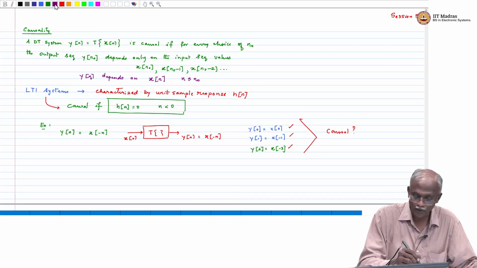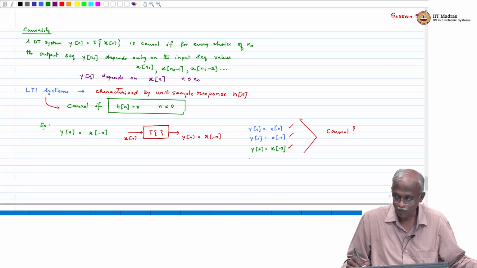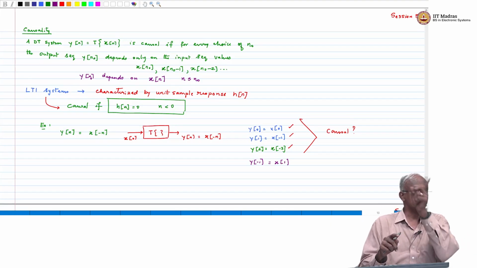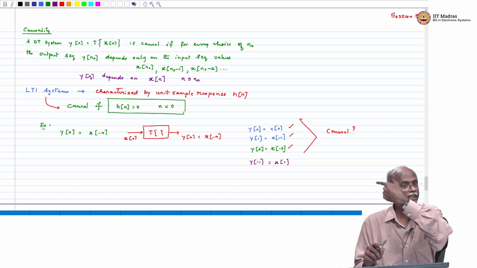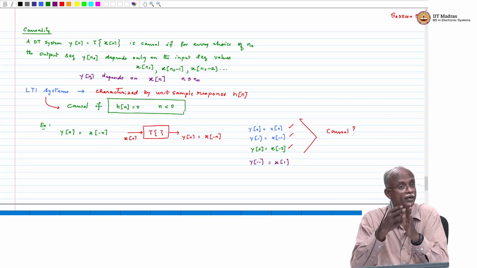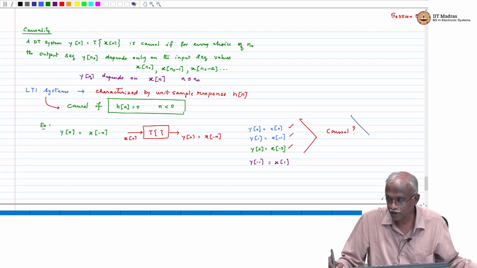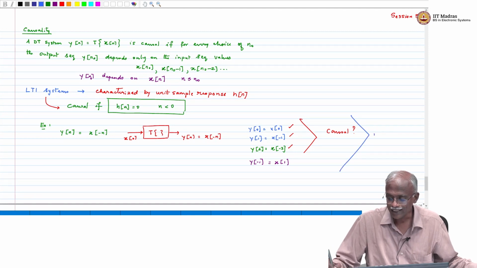No, you need to also check negative values, right? What is y of minus 1? It comes out to be x of 1. So, at time minus 1, the output depends on the input which is in the future relative to that time. So, once you take this into account, this system is not causal.